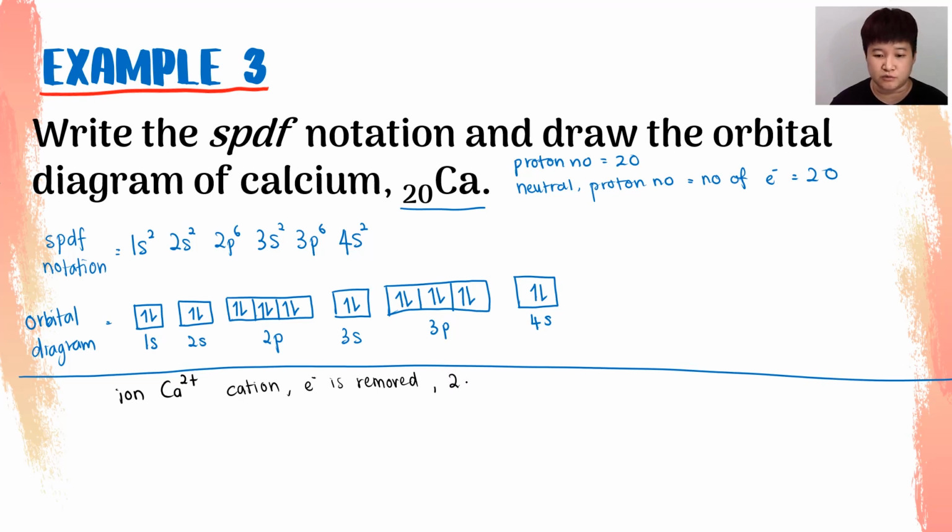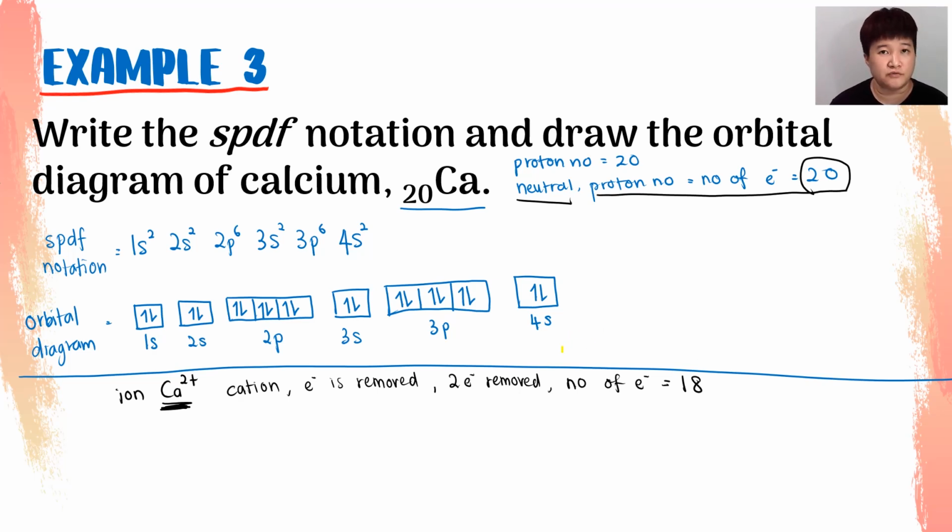There will be 2 electrons removed. So in calcium neutral, the proton and the electron numbers are the same, which is 20. So to become ion Ca2+, I need to remove 2 electrons. So the number of electrons left will be 18.